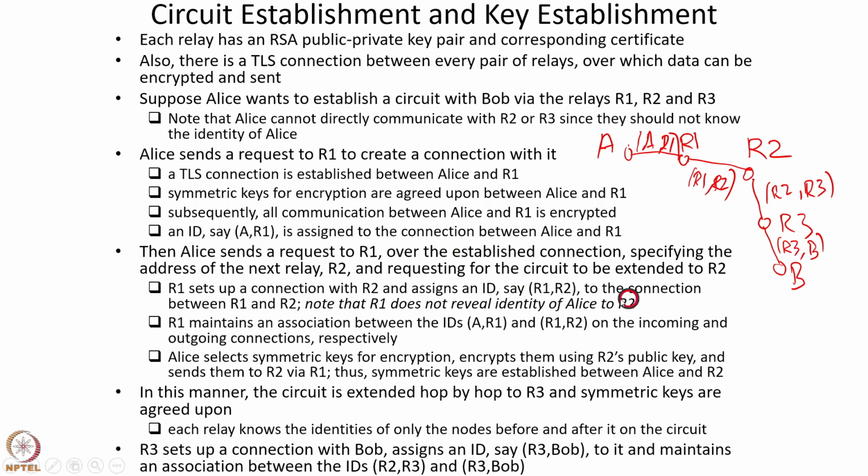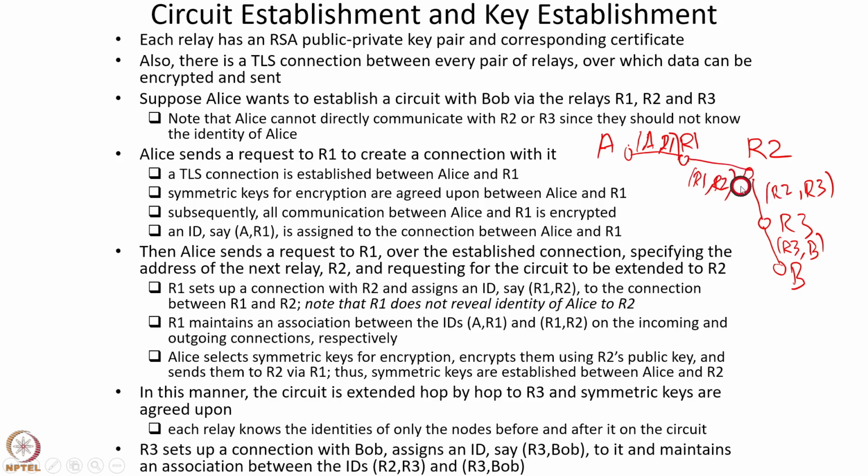So in this picture, R3 maintains an association between the connection with ID R3, Bob and the connection with ID R2, R3. So whatever data it receives from Bob, it forwards that data over this connection with ID R2, R3. Similarly, R2 has maintained an association between the connection with ID R2, R3 and the connection with ID R1, R2.